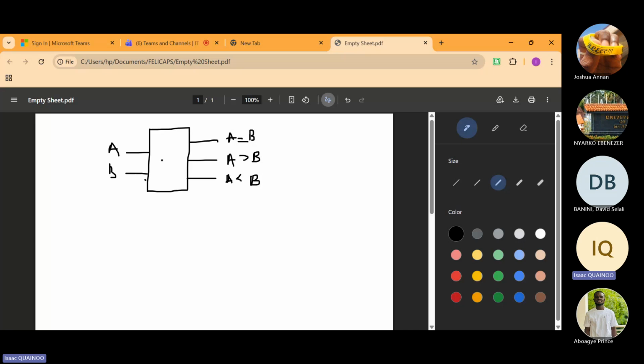This is the basic function of a comparator.